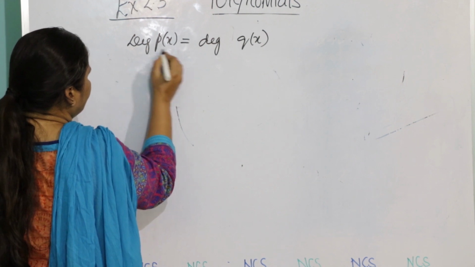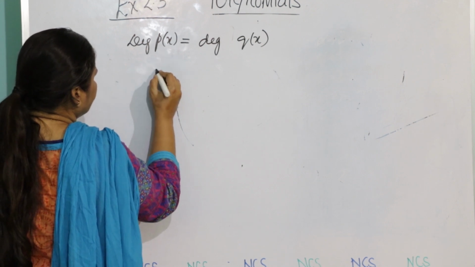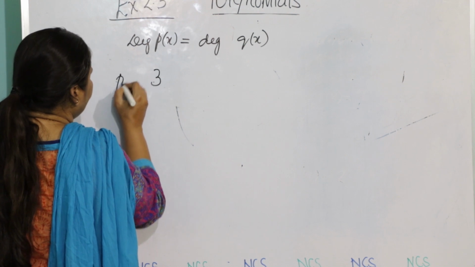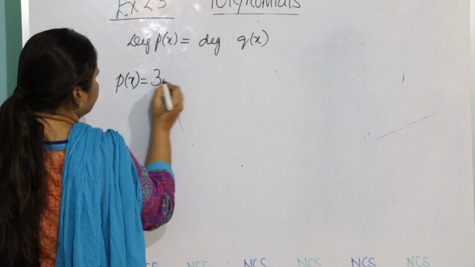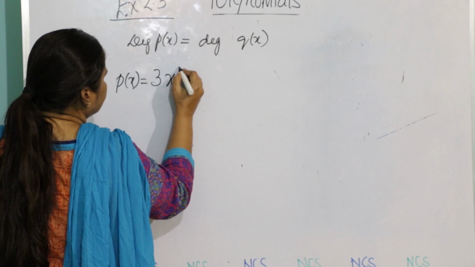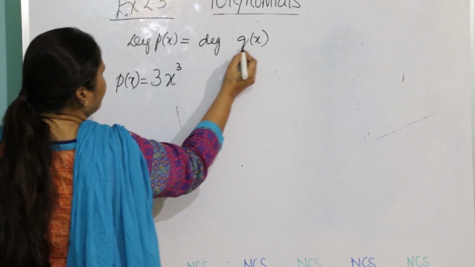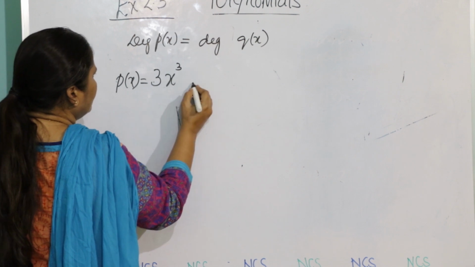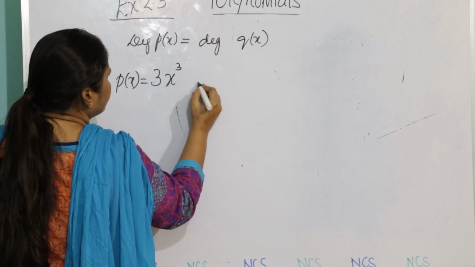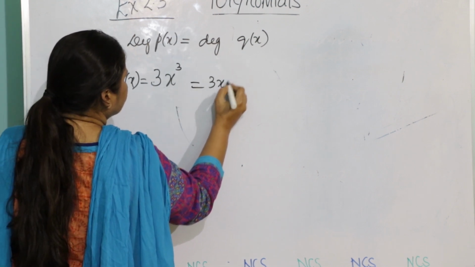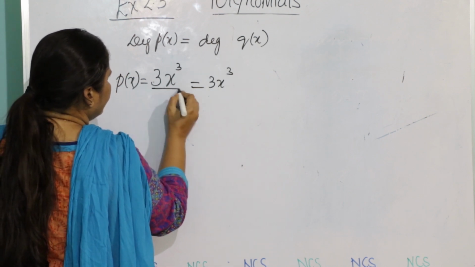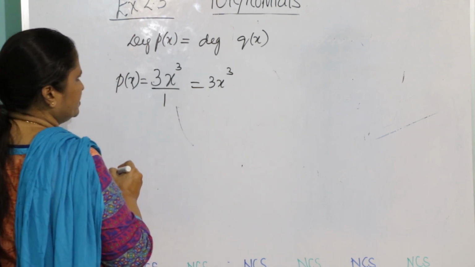That is, for example, if our polynomial p of x is 3x cube, now when will you get q of x also to be 3x cube? When you divide this by 1, right?